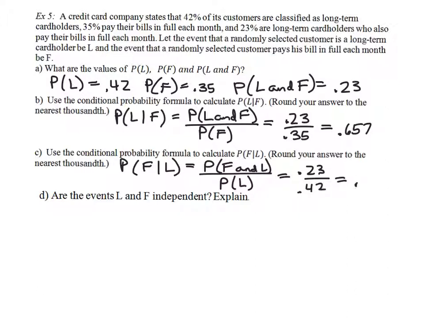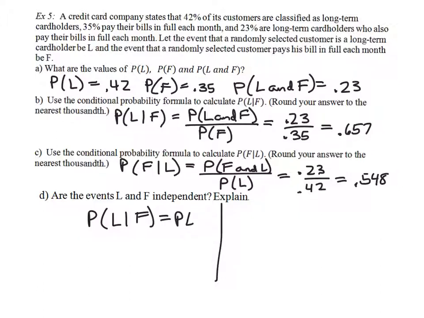That's equal to 0.548. Now you'll notice that in order for these to be independent, I would have to have P of L given F would have to equal P of L.